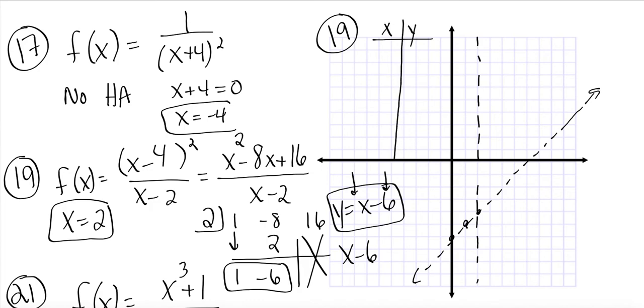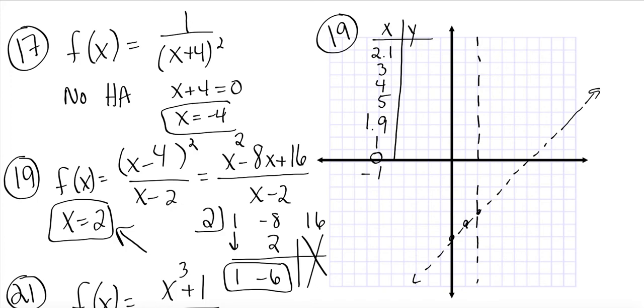So the XY chart, we're picking points close to this asymptote. So let's do a 2.1, and then we'll do 3, 4, 5, and then let's do a 1.9, 1, 0, -1. So from there, it's just plug everything in your calculator.